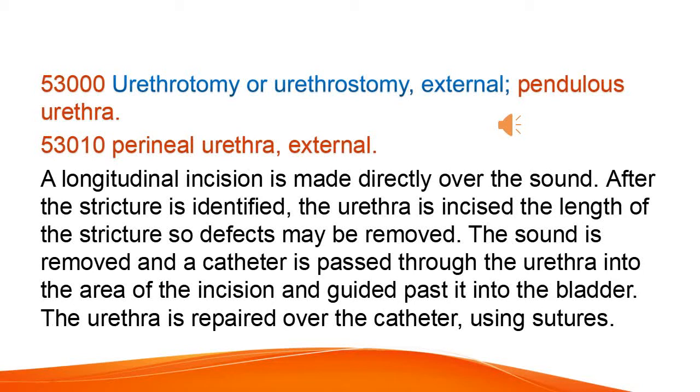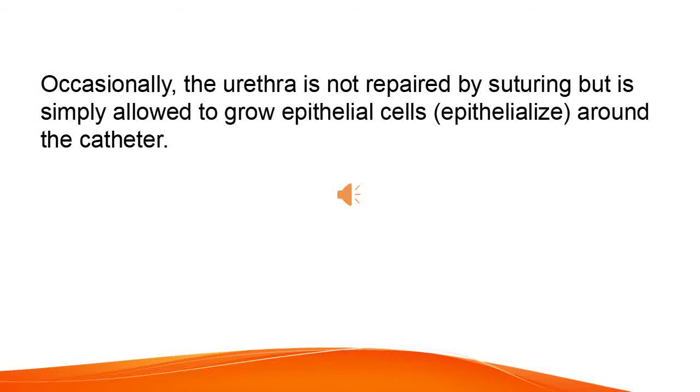The urethra is repaired over the catheter, using sutures. Occasionally, the urethra is not repaired by suturing but is simply allowed to grow epithelial cells, epithelialize, around the catheter.